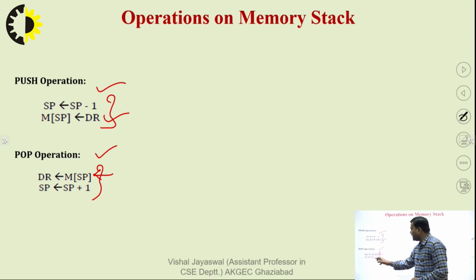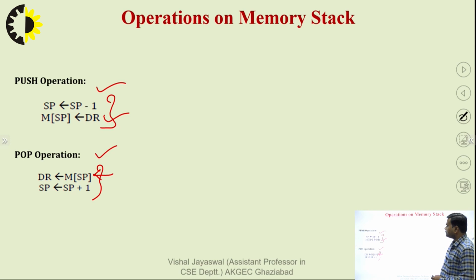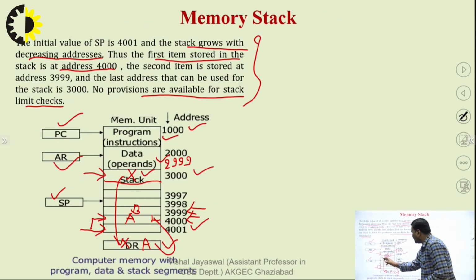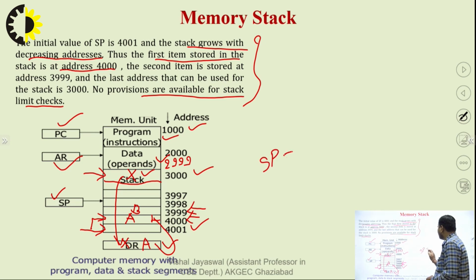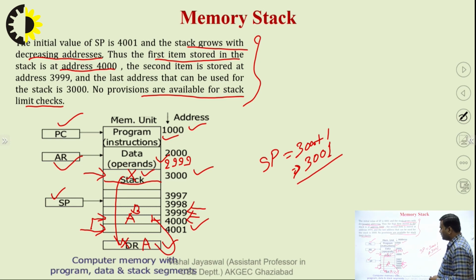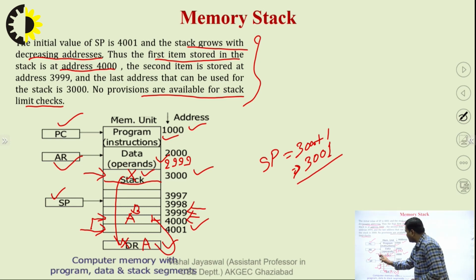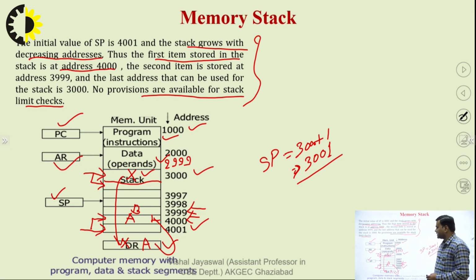Then the stack pointer register is incremented by 1, meaning the value of the stack pointer register goes from 3000 to 3001.